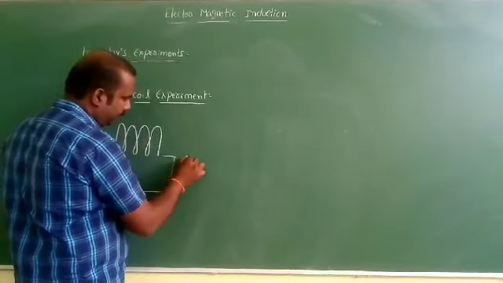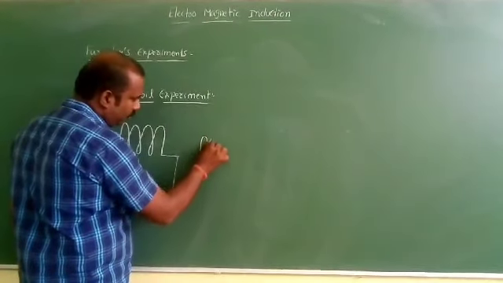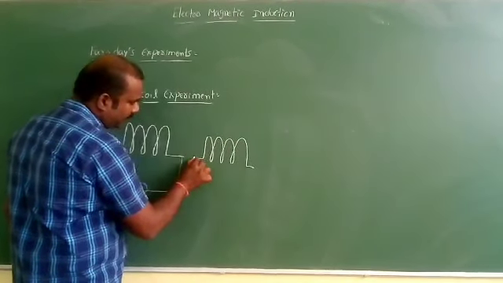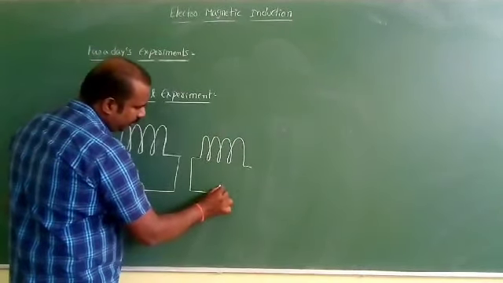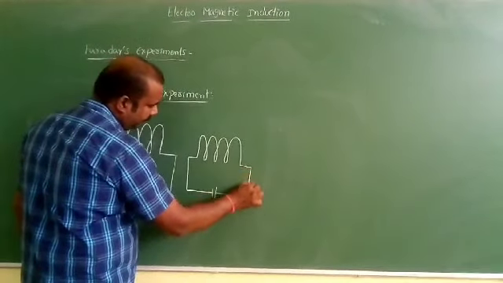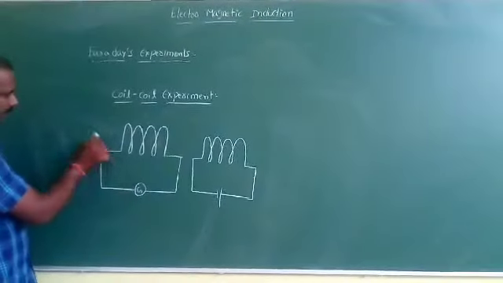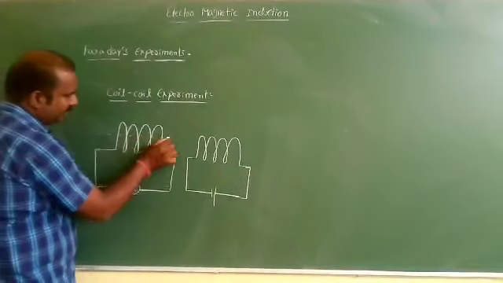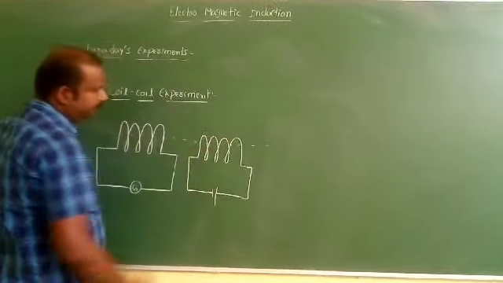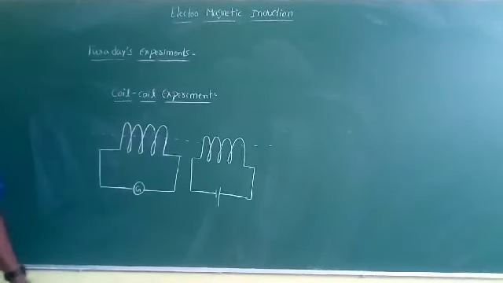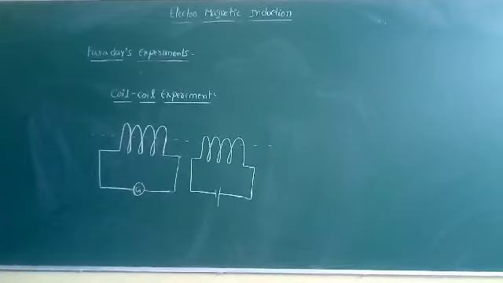Next, here one more coil I am taking that is connected to a battery, but their axis is the same, a common axis. What changes have I made from this one to the previous experiment?